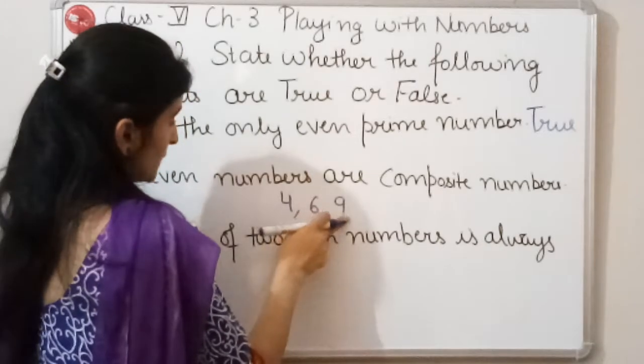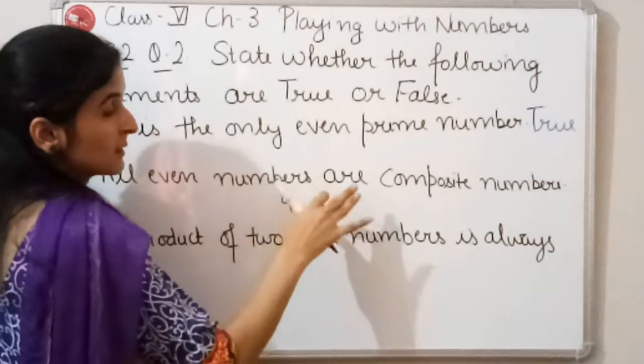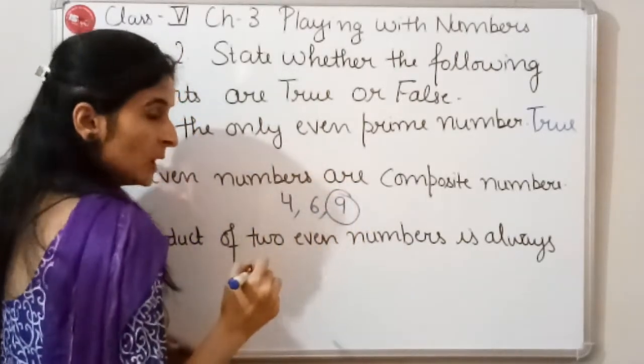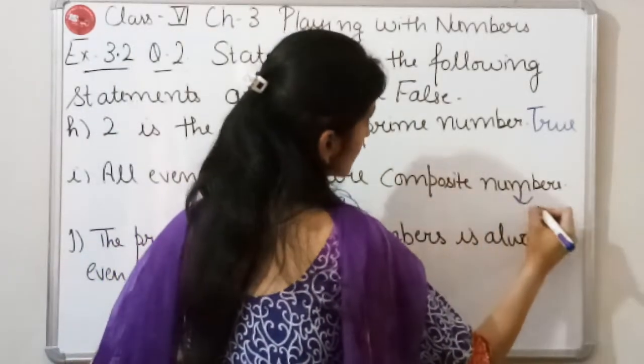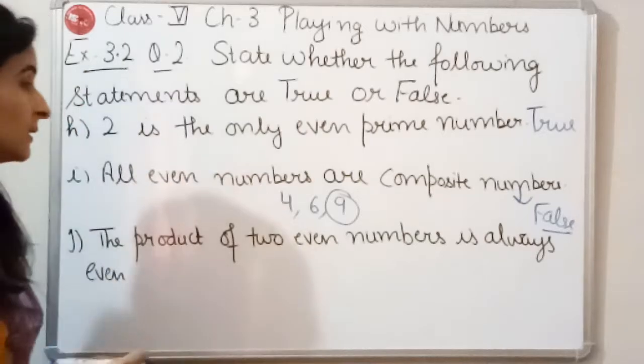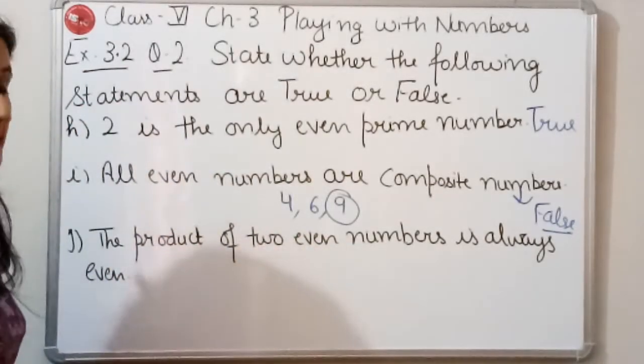No, 9 is an odd number. So all even numbers are not composite numbers. Some odd numbers are also composite numbers. So this is a false statement. Clear?